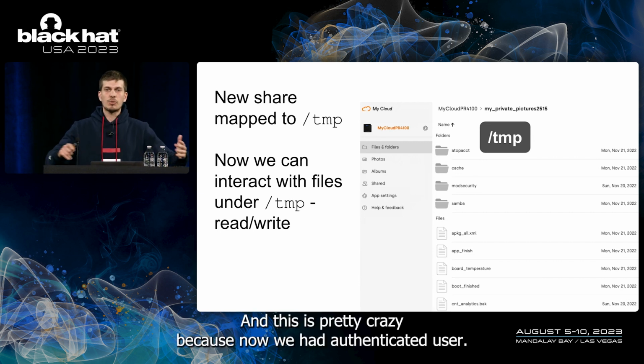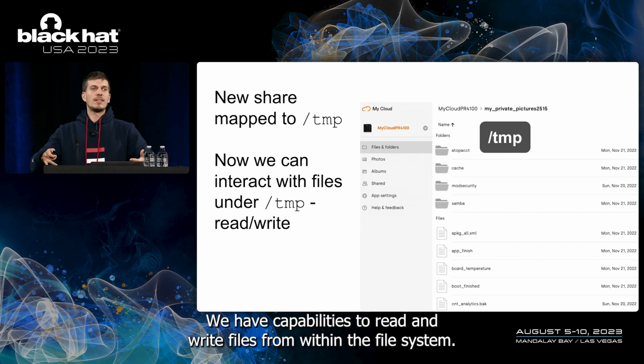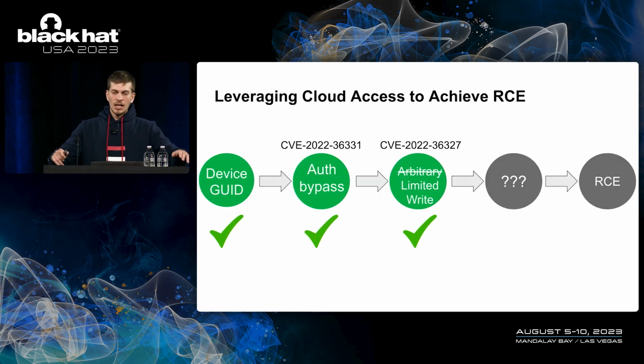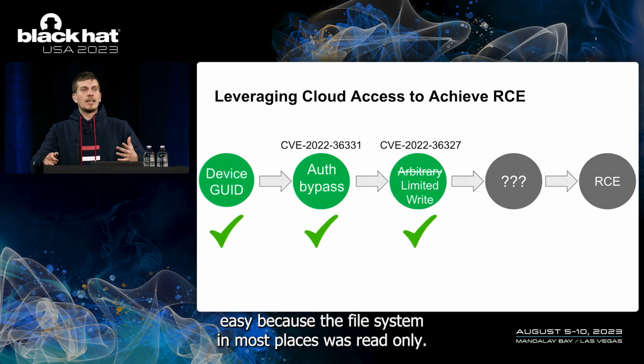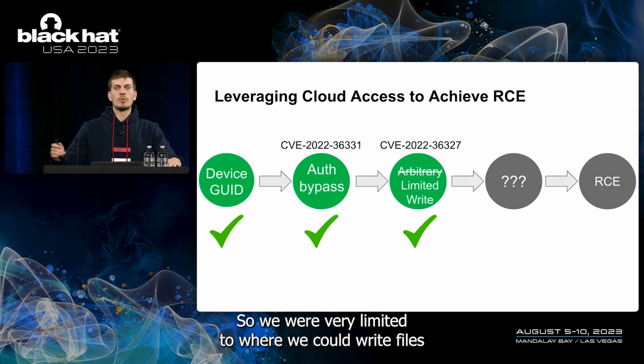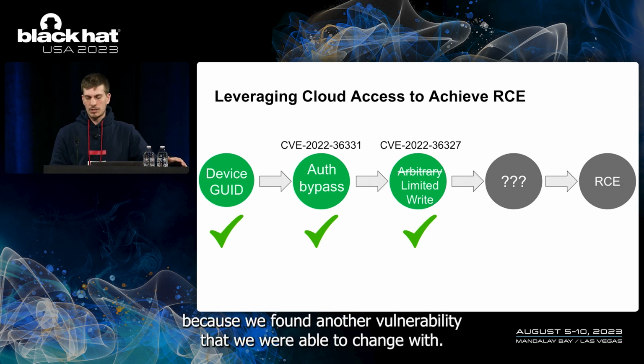And this is pretty crazy because now we had an authenticated user with capabilities to read and write files from within the file system. However, it wasn't that easy because the file system in most places was read-only. So we were very limited to where we could write files. And eventually, we chose to write files into /temp because we found another vulnerability that we were able to chain with.